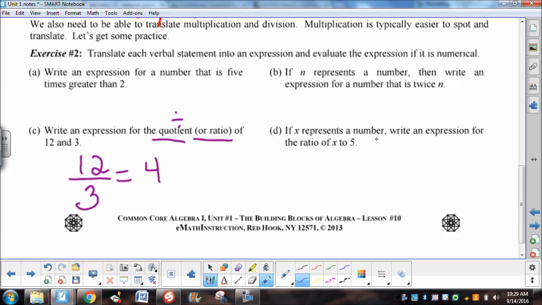If x represents a number, write an expression for the ratio of x to 5. You probably could even write it with the colon ratio notation, but like I said, I tend to prefer the division to indicate that ratio or my quotient.